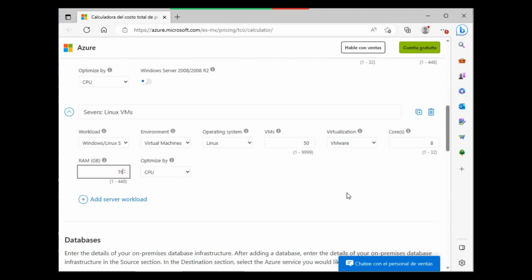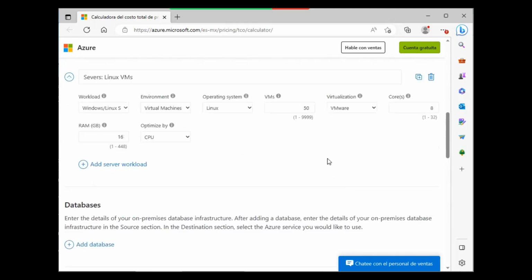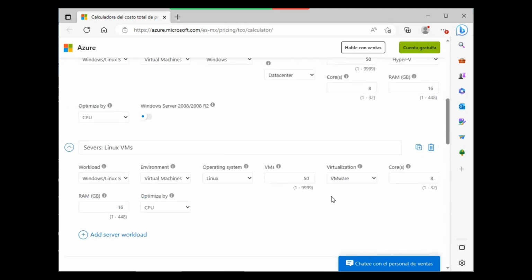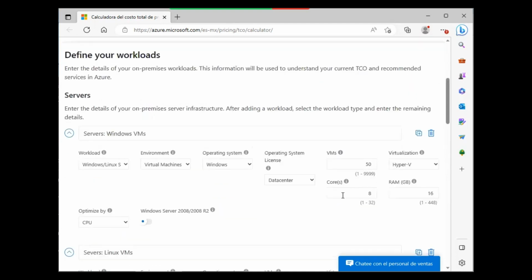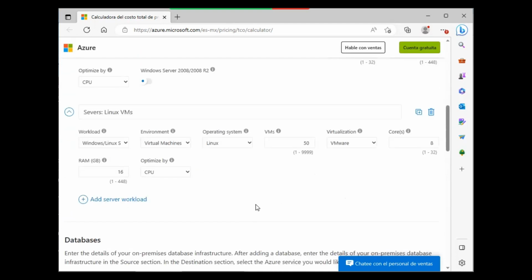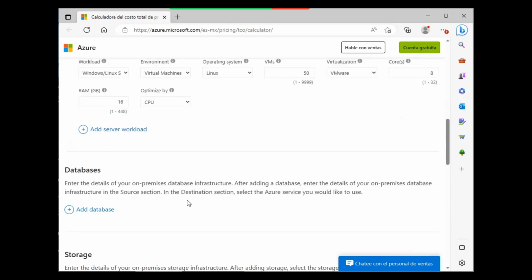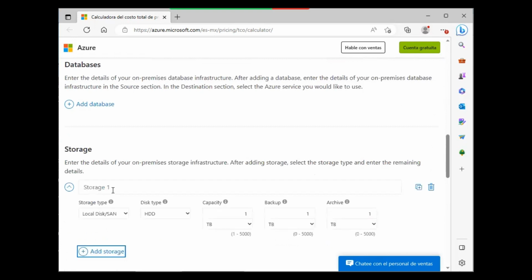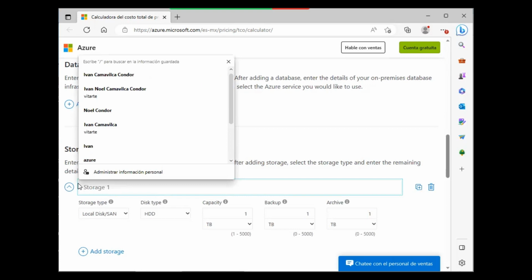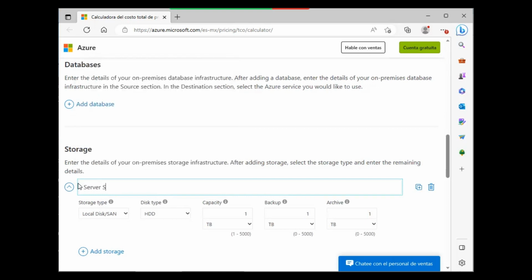Under storage, select add storage. Name: server storage. In storage type, local disk SAN.